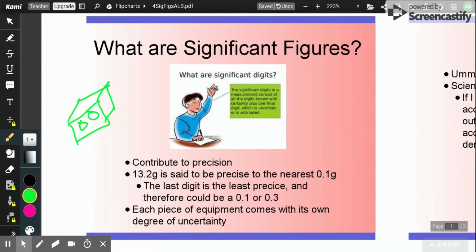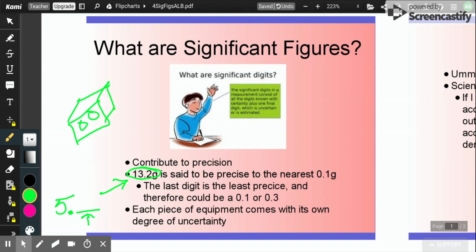There are lots of balances in my room. And if you take a look at this number down here, 13.2 is said to be precise to the nearest 0.1. So anytime you make a measurement, you get to read directly off of the instrument. So let's say numbers of bricks, right? So 5 bricks. And then I get to estimate one uncertain digit.